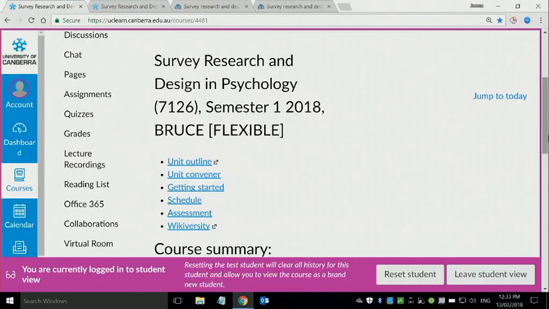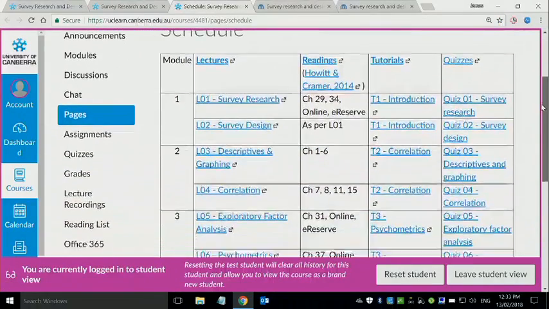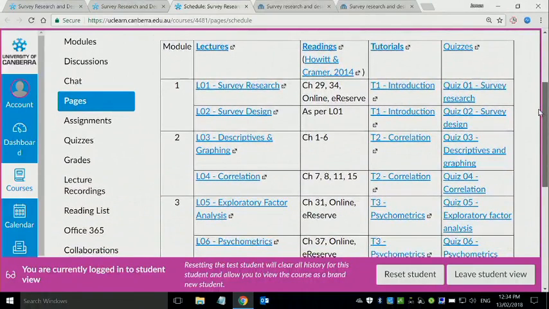I'm the unit convener, so I'm the lecturer and tutor. So you've only got the one person to deal with, for better or worse, but hopefully that means that there's good consistency across what I might say in lectures, what we do in tutes, what's involved in the assessment, etc. In terms of the timetabling, there is a schedule here which is probably the best single page in terms of what's happening in what weeks.